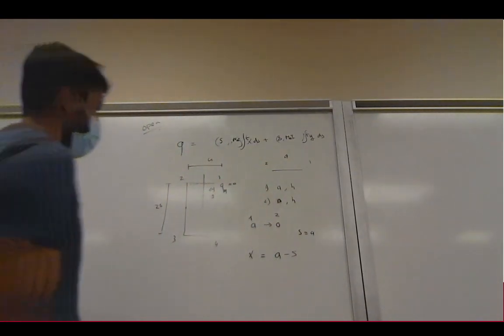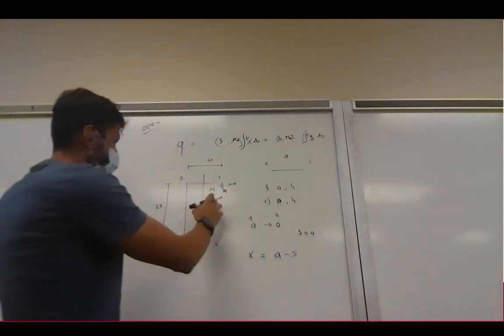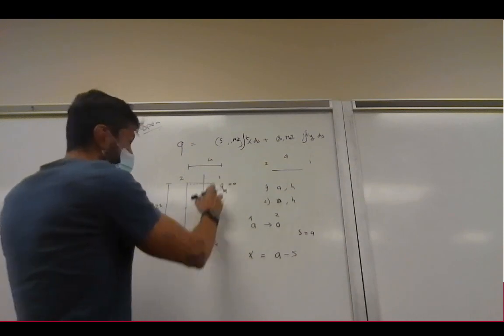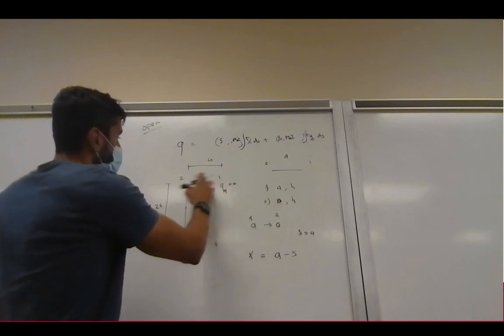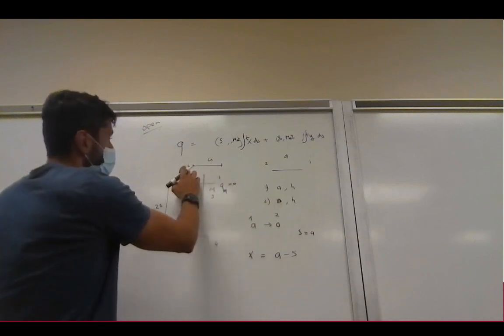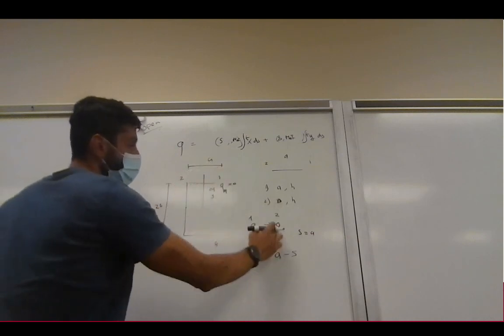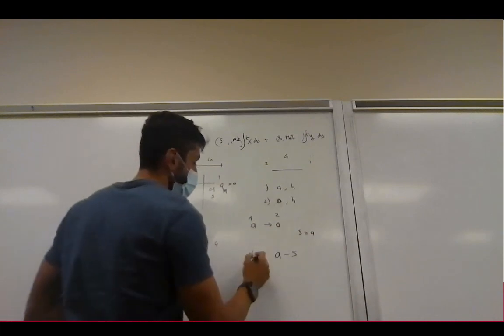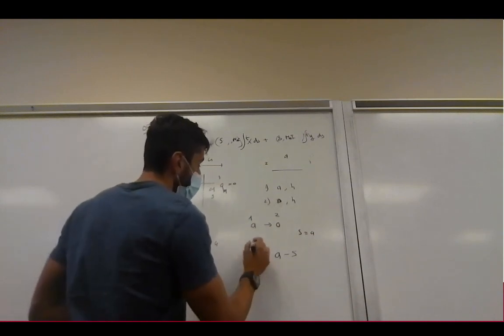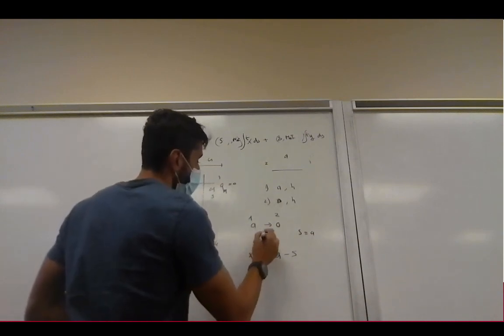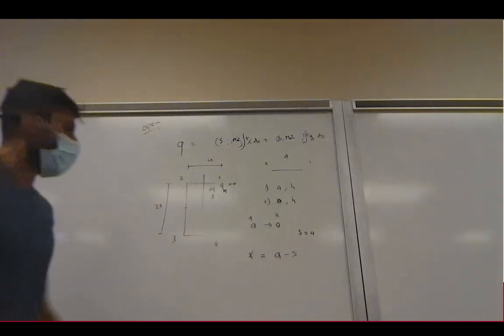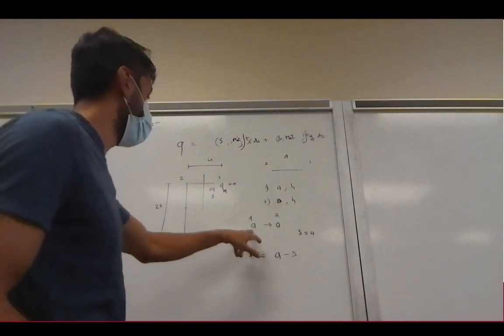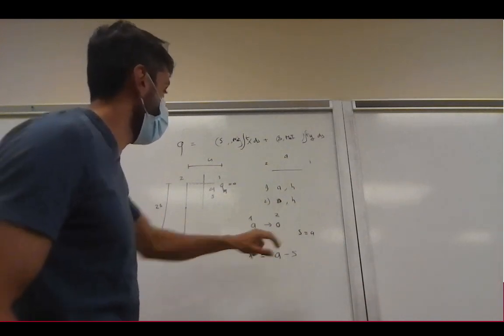Because if we now fill in our boundary conditions, at location 1, s is equal to 0, we get our a, and at location 2, where s is equal to our segment length, which is a, we get 0. So we have now come up with an equation for x that satisfies the boundary conditions at point 1 and point 2.